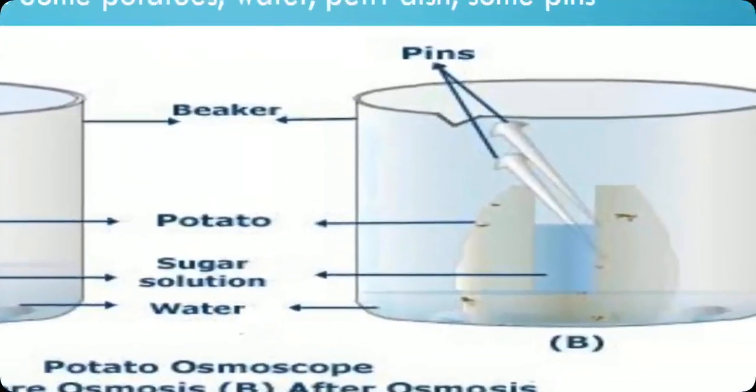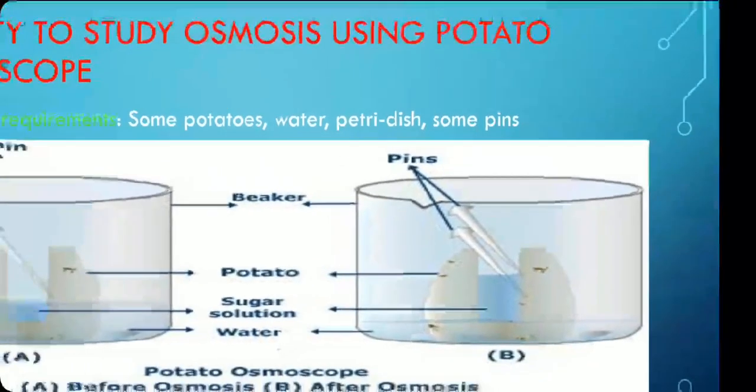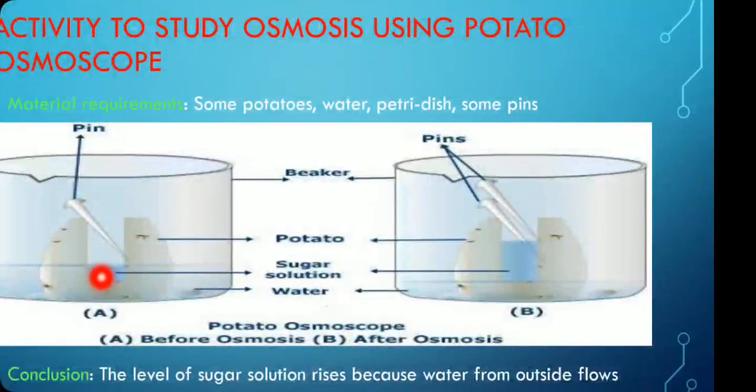So what the change will be? Here you can see that there is an increase in the level of water. There was the sugar solution, and here the sugar solution rises up. Okay, so it was the initial level, and here it is the final level. You can use another pin to show this much increase in the level of water. Okay, so this is done.